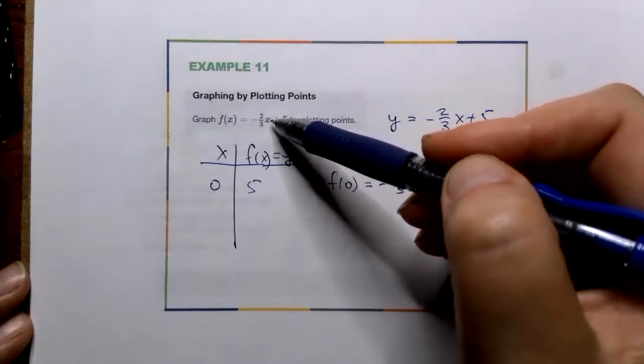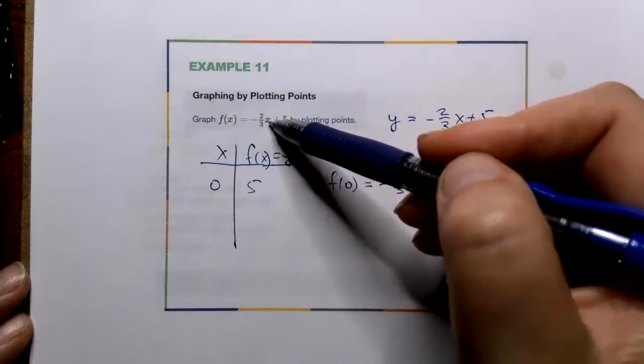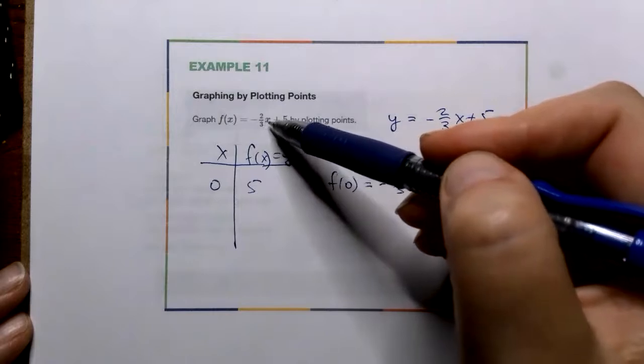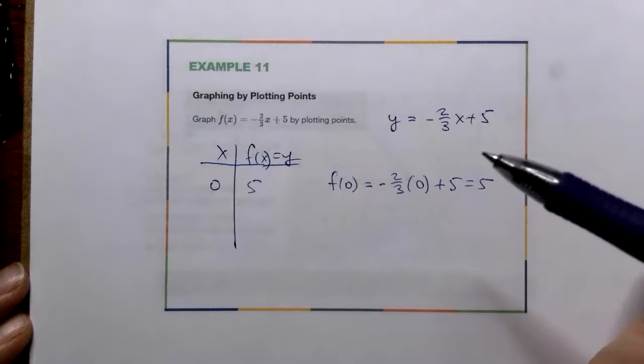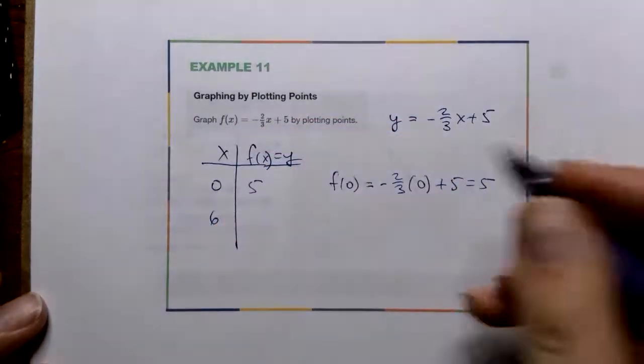So I want to choose a value of x which is convenient to multiply by 2/3. And what would be a convenient value? Well, multiples of 3, like 3, 6, 9, any of those. So let's choose 6, for instance.